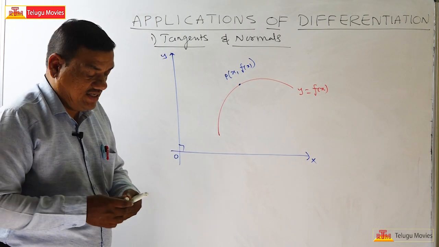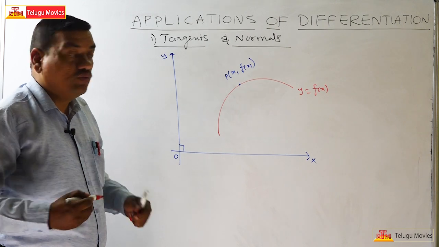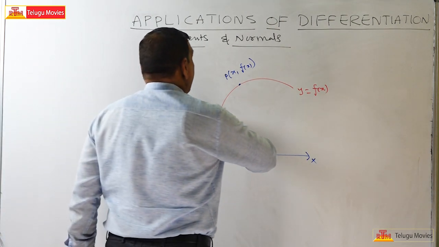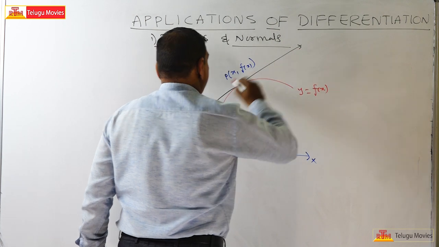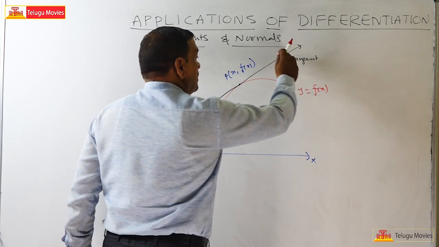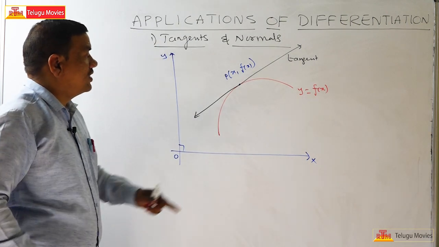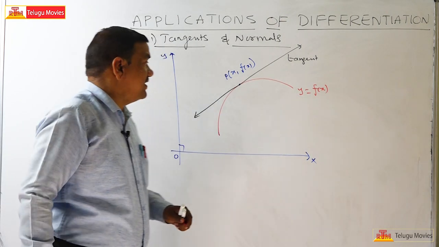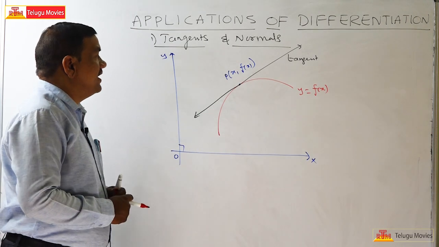A tangent is a line which touches the curve at one and only one point. This is called the tangent of the curve y = f(x) at the point P(x, f(x)).